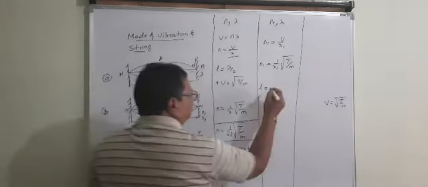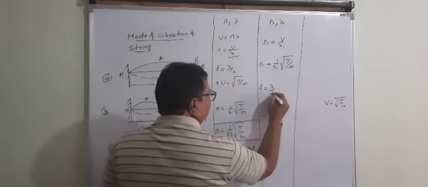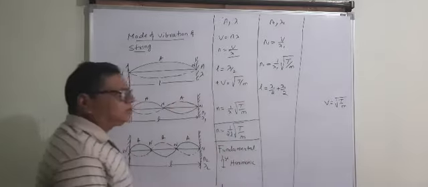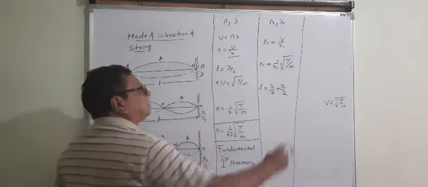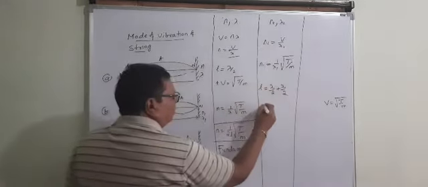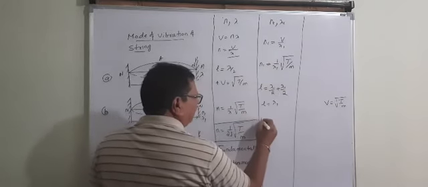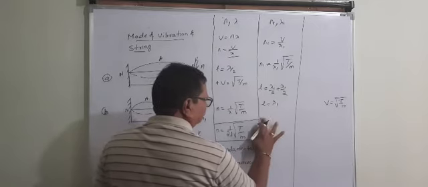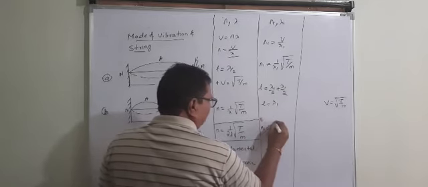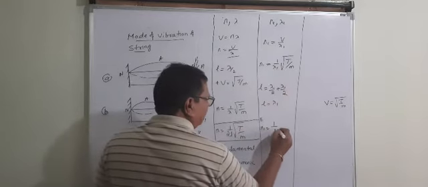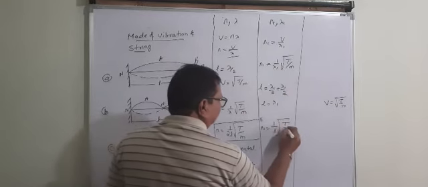That means lambda 1 by 2 plus lambda 1 by 2, because in this case we have considered the wavelength as lambda 1, or small l is equal to lambda 1. Therefore, n1 is equal to 1 upon l under root T by m.